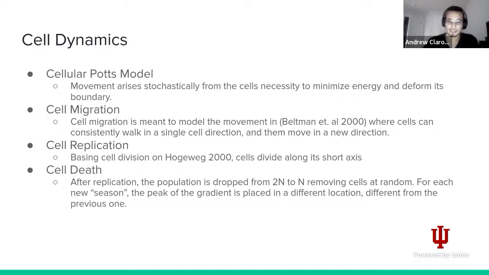A force is applied to keep them moving in a specific direction, and that changes over time, which is what happens when we combine this persistent migration with the chemotaxis. Then cell replication is when cells divide after the season is over, along their short axis. And cell death: after the replication, half of the cells are culled, and the rest are used for the next season.